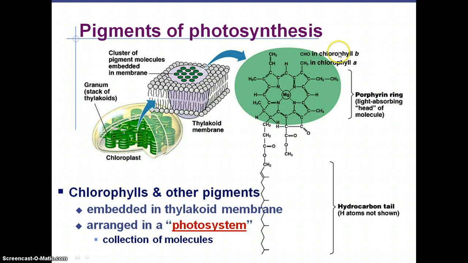And these are really important for absorbing light. So this is where the whole process really starts. The chlorophyll absorbs certain wavelengths of light and gets excited and releases an electron, and then the whole process begins.